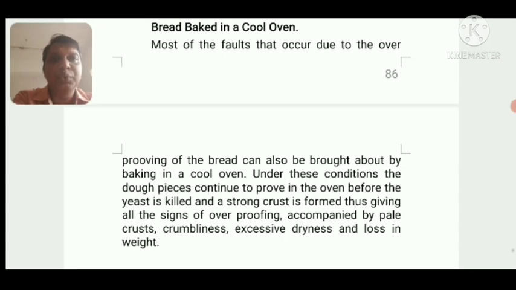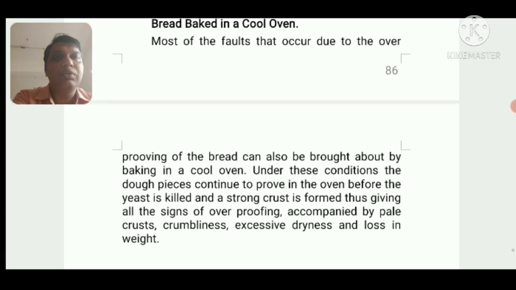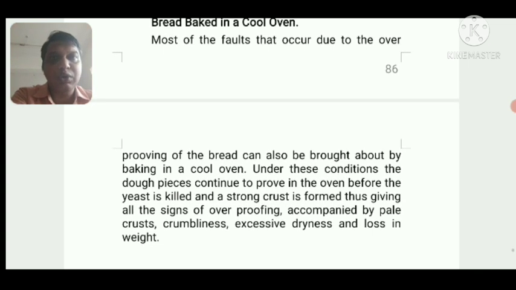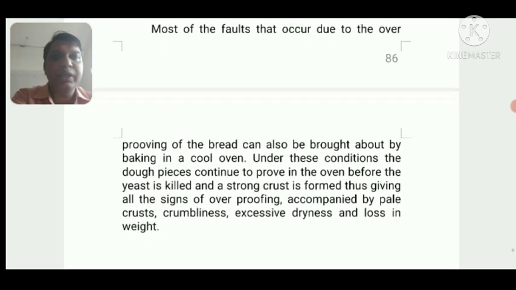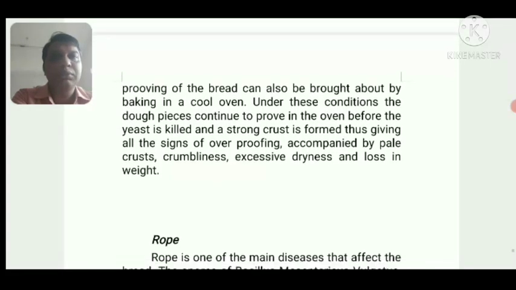There is a huge loss of moisture content, because the temperature in the oven is still cool. Cool means not having the desired temperature, and this will lead to loss of moisture content, which will definitely harm the bread.